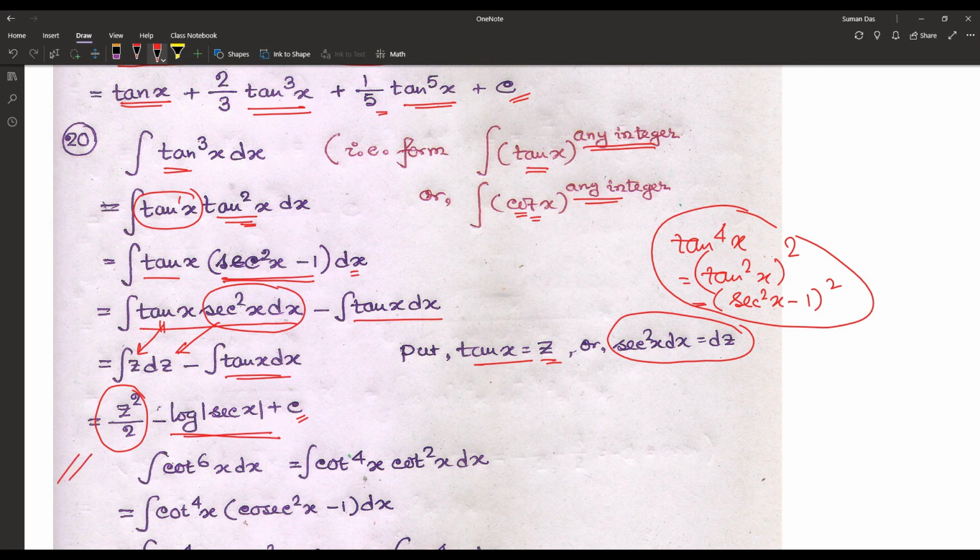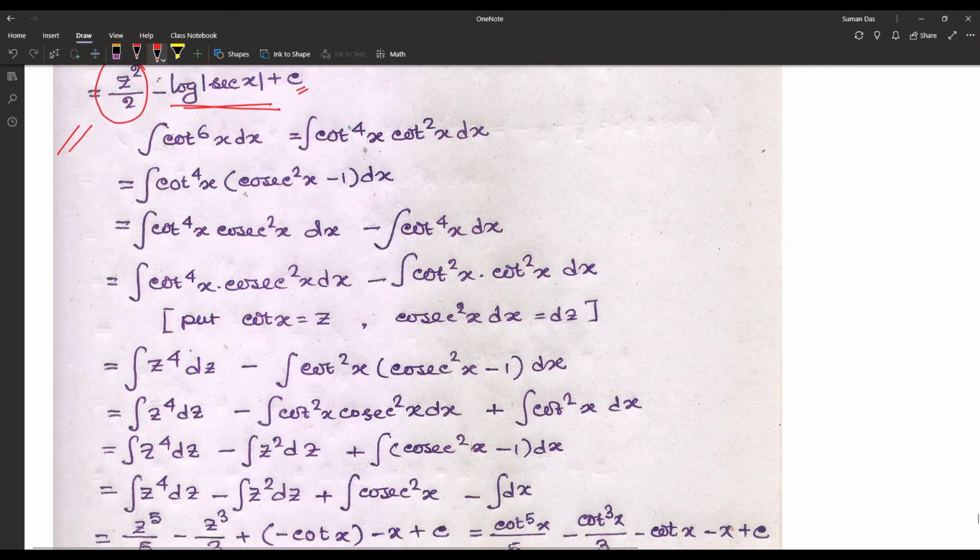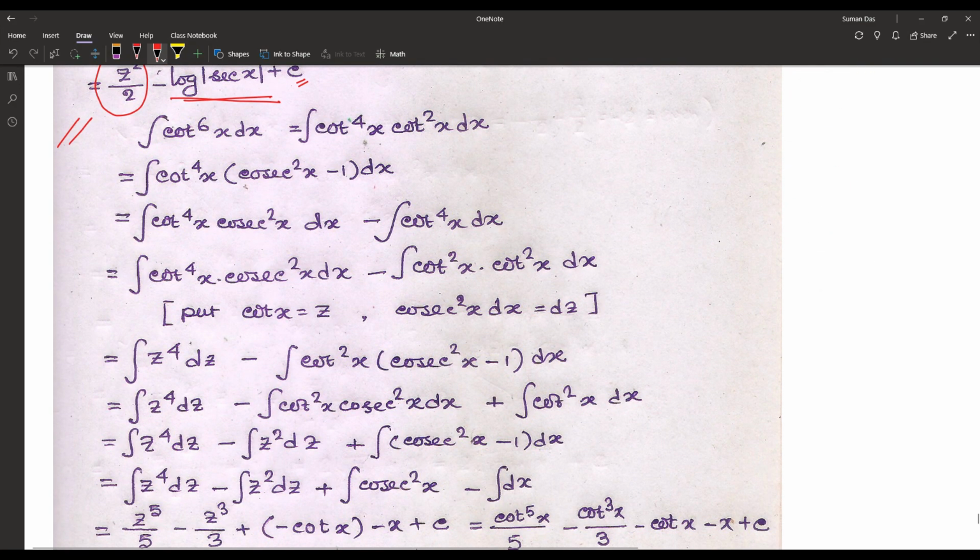Now another problem is based on cot x only. Here the problem is cot to the power 6x dx. Once again we are dividing it with one part as cot square x dx, and another part cot to the power 4x. So cot to the power 4x and cot square x, we can write as cosec square x minus 1.